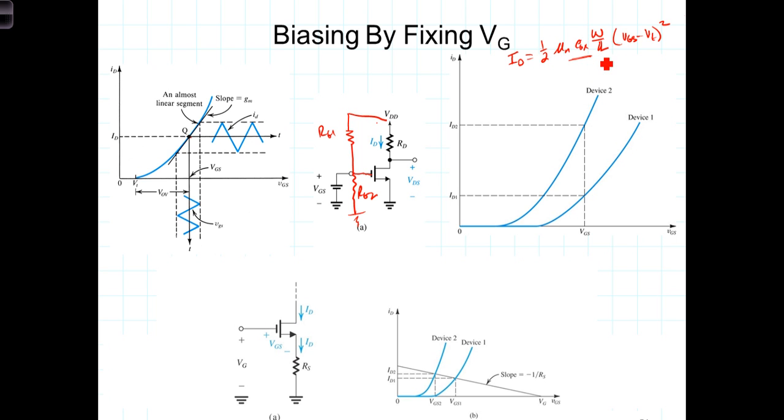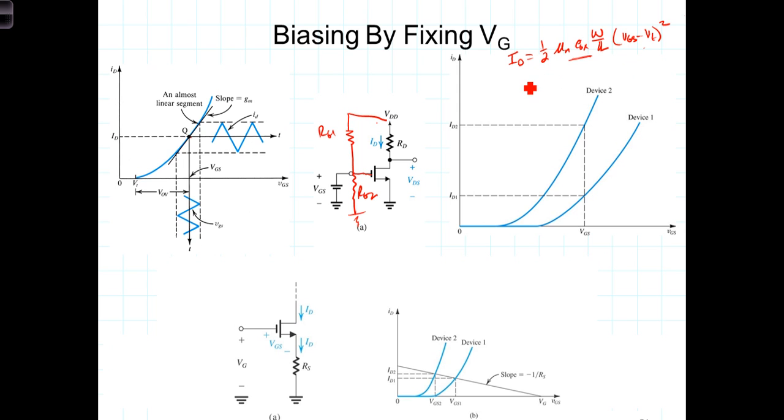So there are variations in I sub D due to the manufacturing process, but there are also, in addition to those, variations in I sub D due to changes in the temperature of the transistor. Mu sub n, the mobility of the electrons in the channel, is a function of temperature. V sub t, the threshold voltage, is a function of temperature.